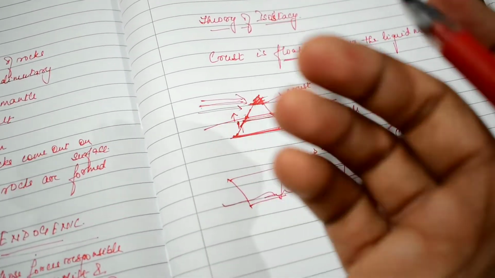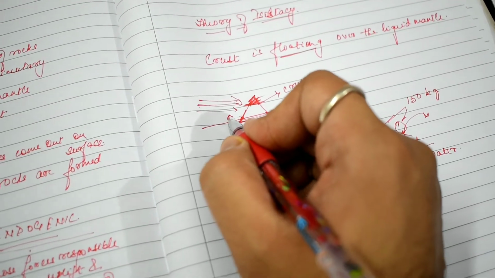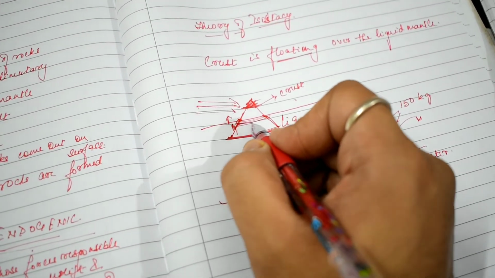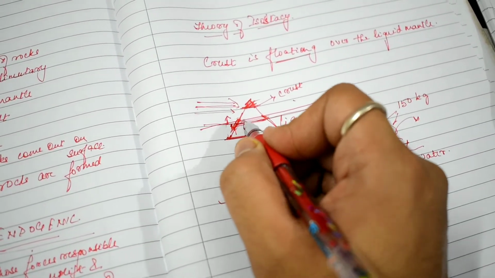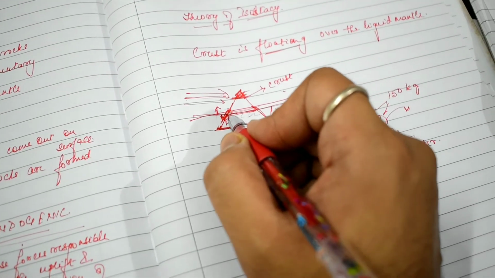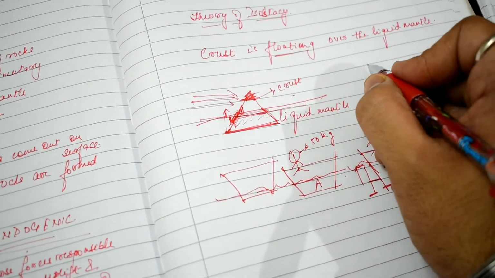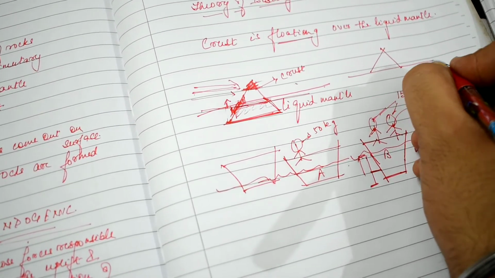It is not sinking anymore, it is becoming lighter, and it is moving upwards. This process keeps on continuing until the entire mountain root is exposed. This entire area which was underneath the Earth's crust also starts coming up, and a time will come when the mountain will be this way, and this will be the mantle.